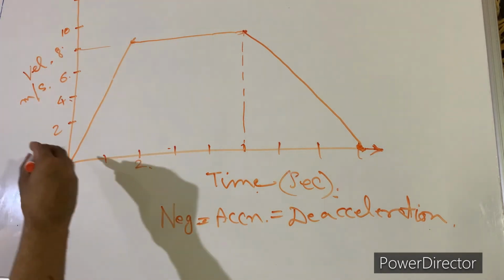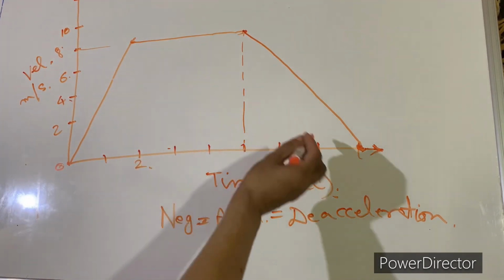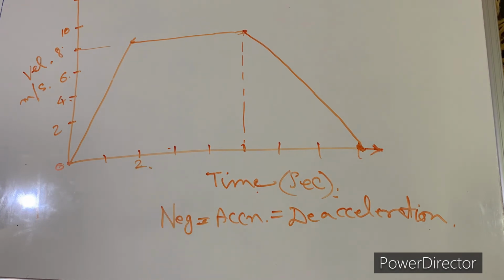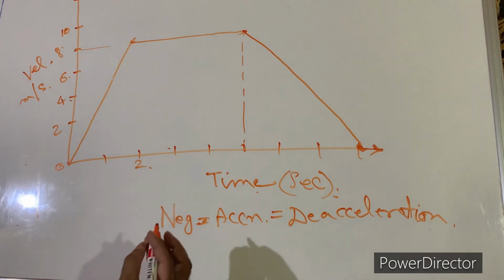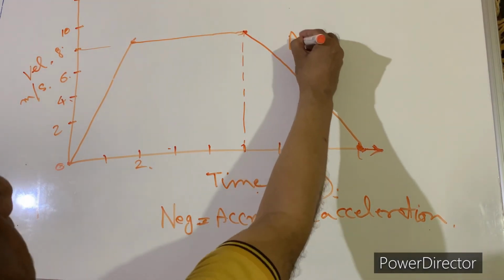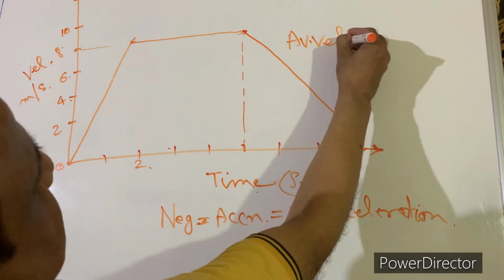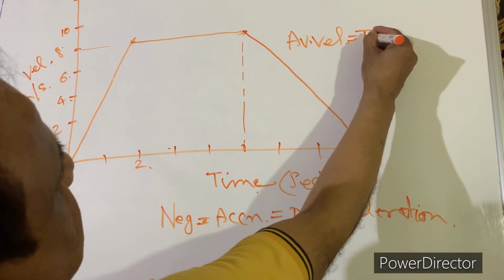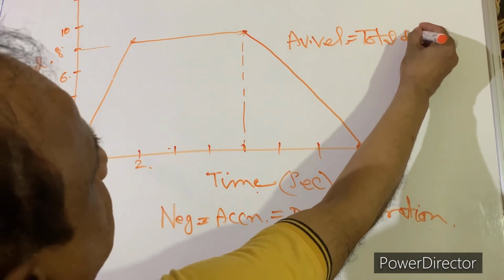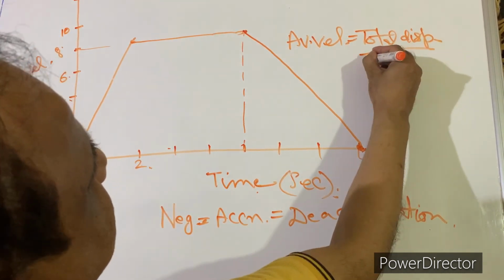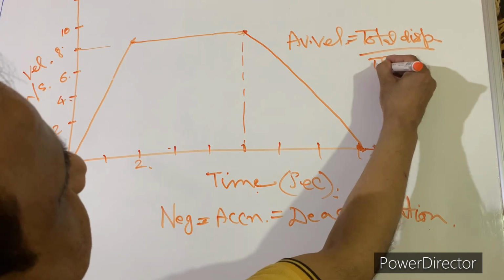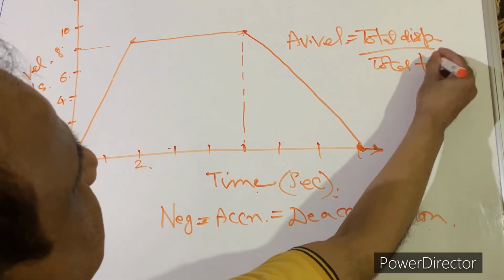In this case, the area of the trapezium will give you the total displacement of the body, and if you want to know the average velocity of the body, you know the definition of average velocity. Average velocity is equal to total displacement divided by total time, isn't it?